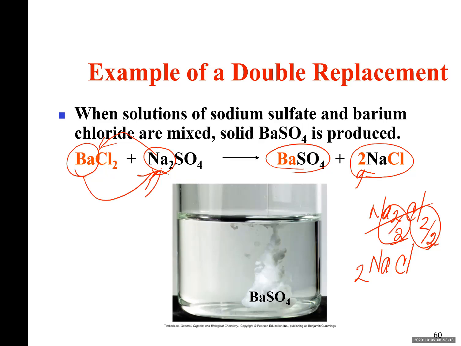You are in the lab and you are going to observe this. What is the evidence that there is any reaction? You need a visible, sensible change that there is a reaction. Do you see a clear solution of sodium sulfate or barium chloride, doesn't matter, adding to a clear solution?